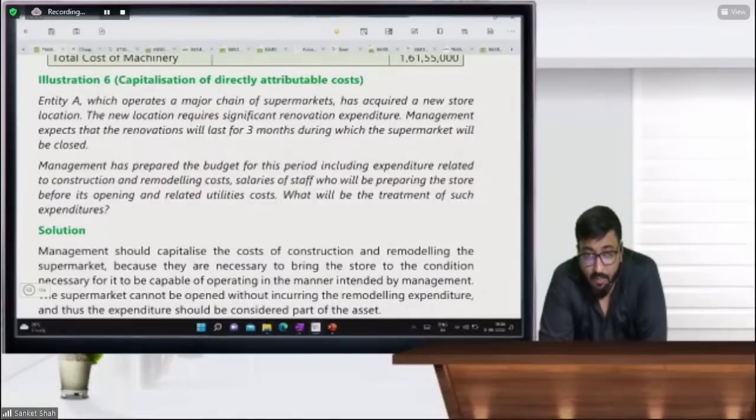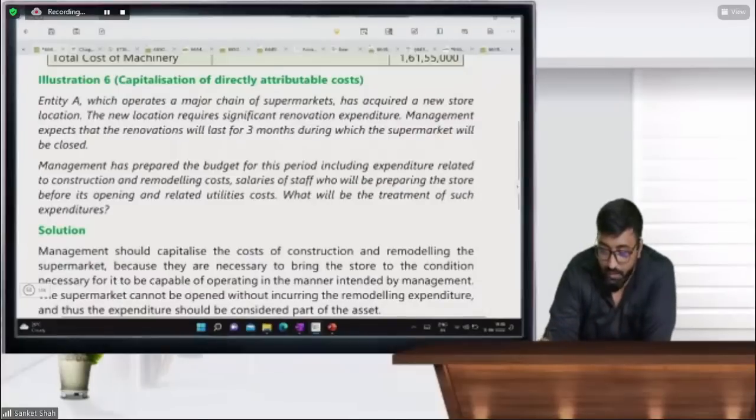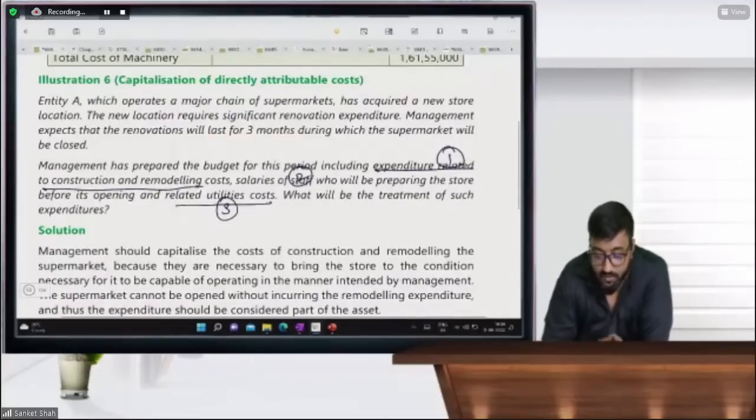Management has prepared the budget for this period, including expenditure related to construction and remodeling, salaries to staff who will be preparing the store before its opening, and related utilities cost. So beta, how many costs are there? Number 1, expenditure related to construction and remodeling. Number 2, salary of staff who will prepare the store before opening. Number 3, related utilities cost.